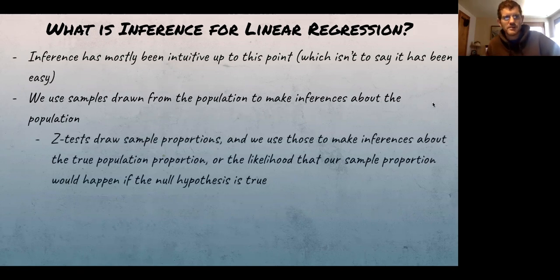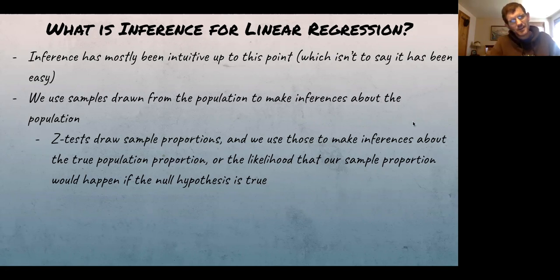So if we're talking about z-tests, and I could have picked t-tests, I take a sample, I get a proportion, and now I can say, okay, what is the population proportion likely to be based on this? If I think the population is at a certain proportion, what is the likelihood that that's true, given that my sample came out the way that it did? And that would be our hypothesis testing.